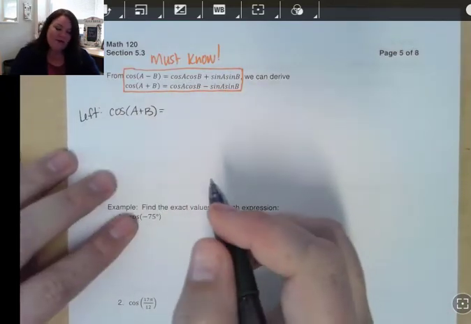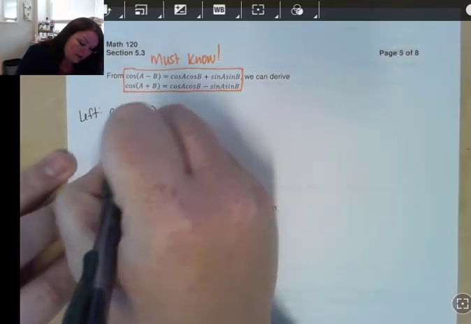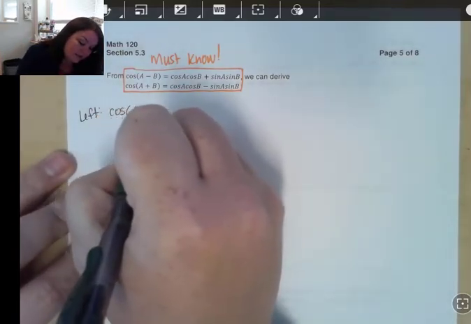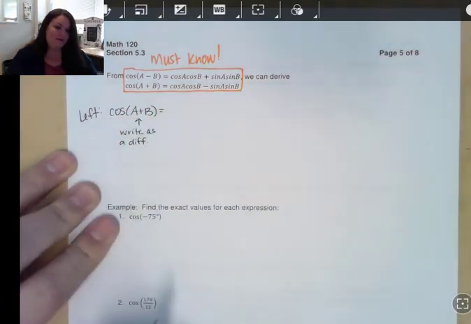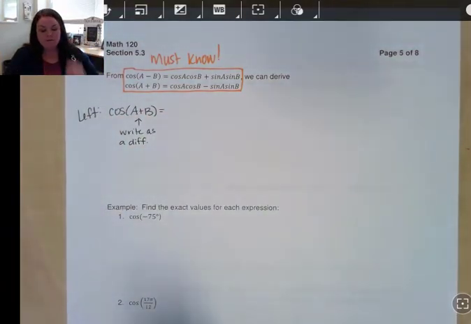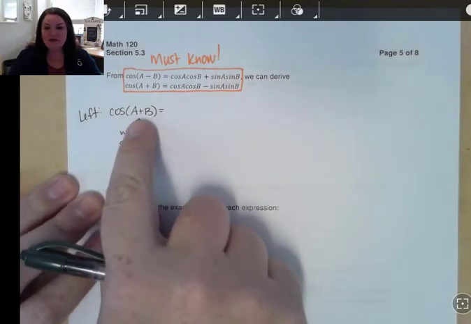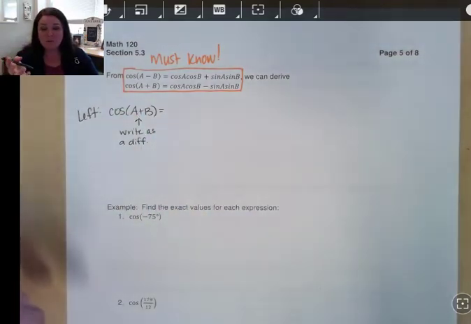So how would I be able to write what's in here as a difference? Well, if I have A plus B, a positive, we can get that by combining two negatives.